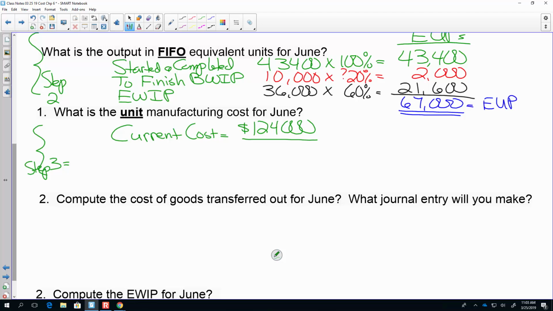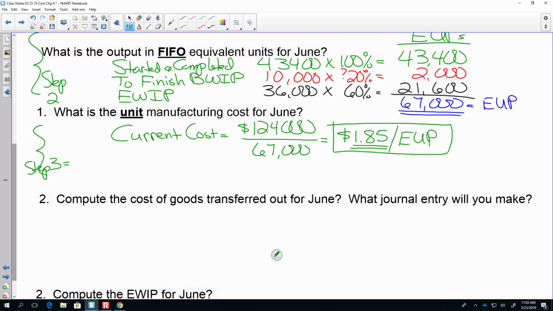So 124 divided by 67,000 EOPs is one something? 185. Does that come out perfectly? No. Okay, that's good, because we'll encounter a problem here now. $1.85 per EOP.